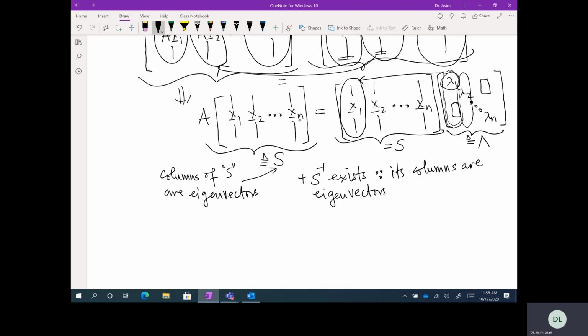If I can orthonormalize these eigenvectors, then S inverse is simply the transpose, because this is a square matrix and it becomes an orthogonal matrix, and for an orthogonal matrix from chapter 3, we know that the transpose is equal to the inverse, which we'll do in one of the later lectures. So S inverse exists because its columns are eigenvectors which are assumed to be independent.